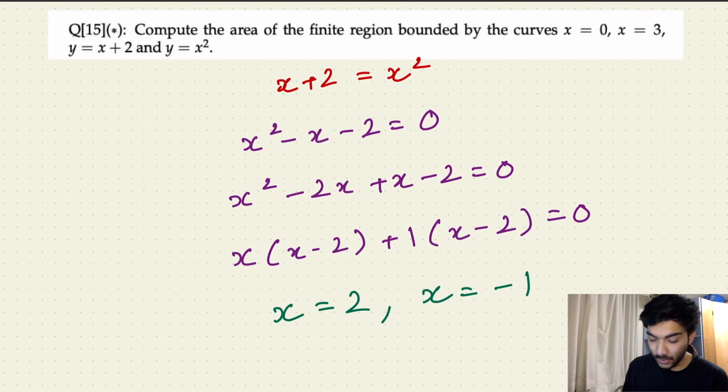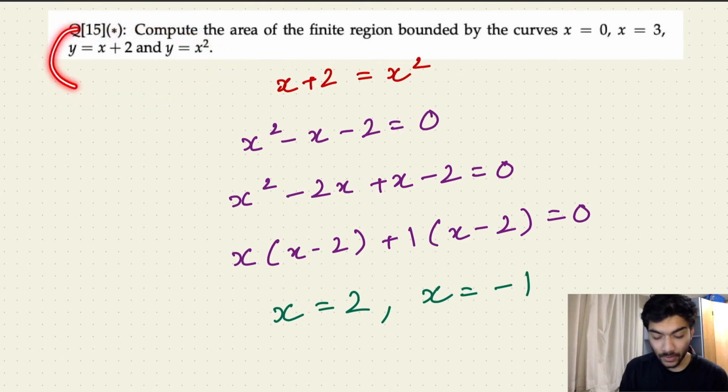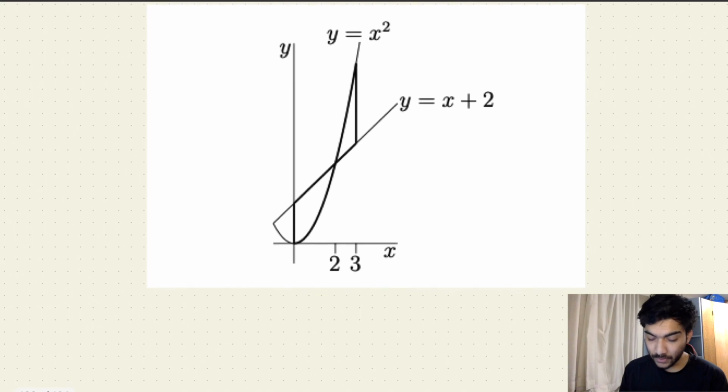Now we know that x equals 2 is a breakpoint, and we have to sketch the graph of both functions. We know that y equals x plus 2 is a line which passes through y equals 2, and y equals x square is an upward parabola which passes through the origin. This is the sketch of both functions: this is our y equals x plus 2, this is the y equals 2 point, and this over here is our parabola y equals x square.